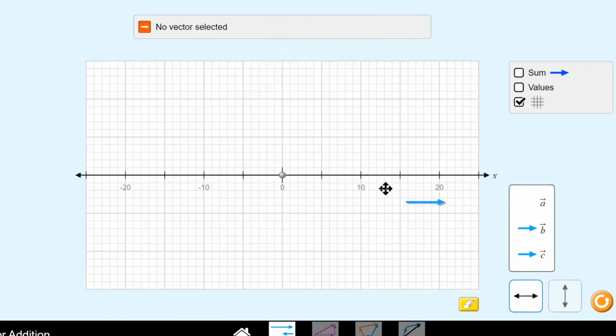If I have, again, vector A, I walked 5 meters to the right, and then I walked another 5 meters to the right. The total distance that I travel is 10 meters. And then I return.